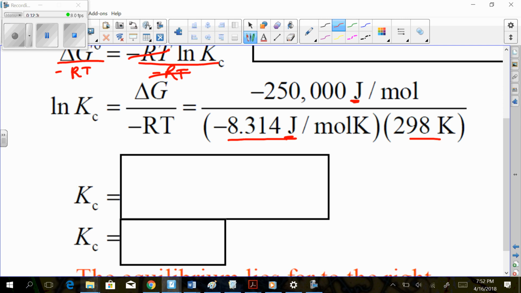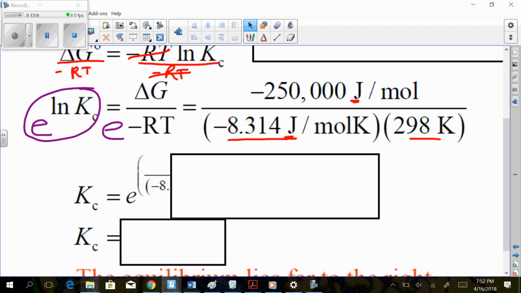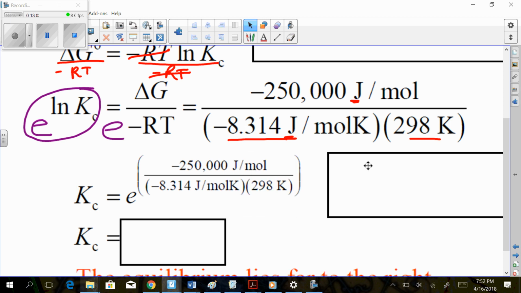So we raise e to the natural log of K, and we put this term also e to the delta G over negative RT. This term, e to the natural log of anything, becomes that thing, our K. So these two go away and we get K. And over here we get e to the delta G over negative RT.